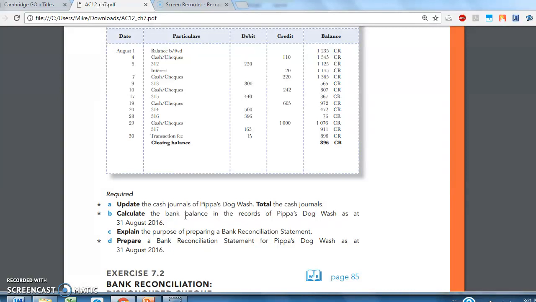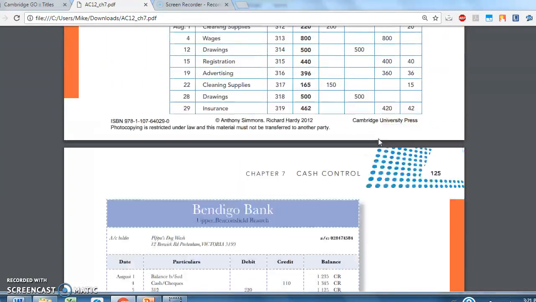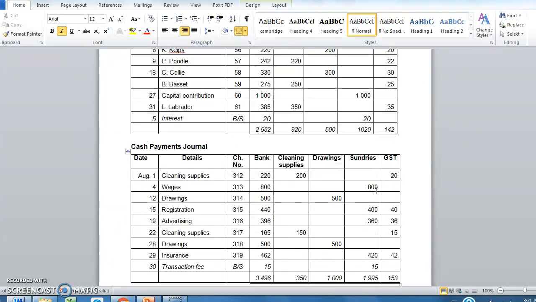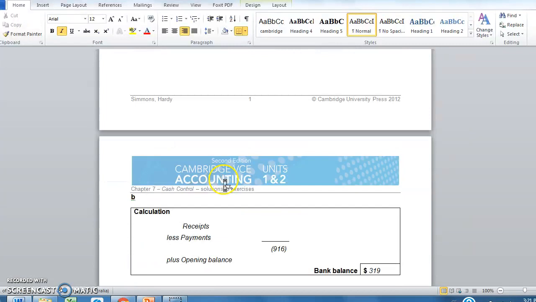So if we go to here, we've got how much our receipts are. So let's go. Our cash receipts, we have bank, and our receipts are 2,582. So we go down here.